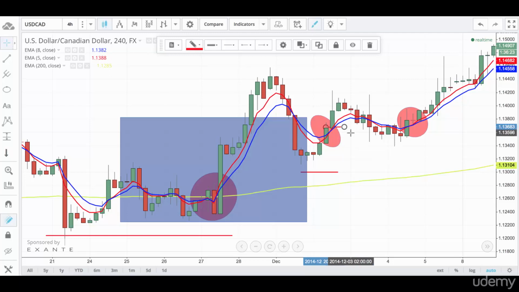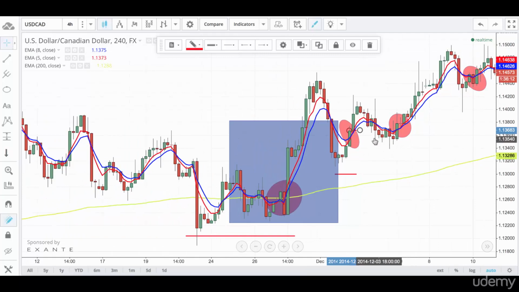How many pips am I risking? It's 1310 to 1367, about 57 pips. Then we can see the price going to a new high here, to the level of 1.1500, which is 140 pips above the entry price, and it is around a 1 to 3 risk reward ratio.